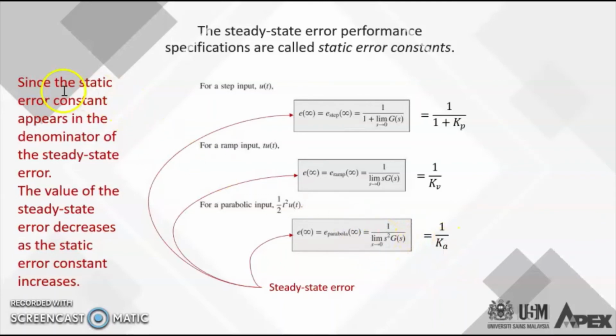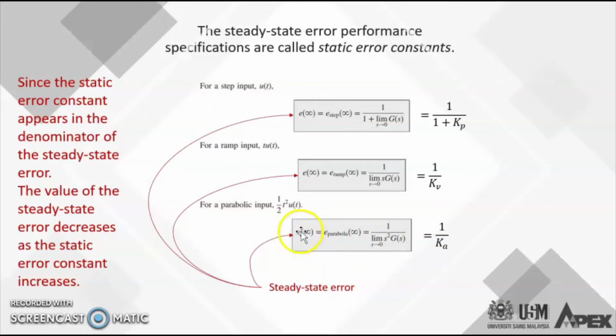Since the static error constants refer to Kp, Kv, and Ka, they appear in the denominator of the steady state error. If you notice, it's at the denominator. So the value of steady state error decreases as the static error constant increases. It's inversely proportional.